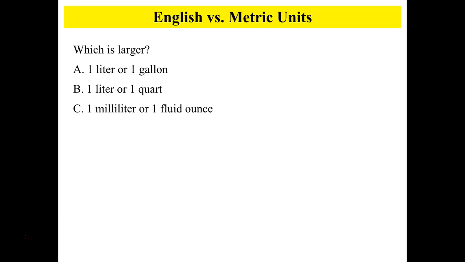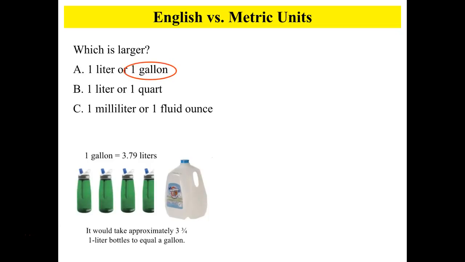If you look over on my side table, you'll see a liter bottle, and it used to have water. I think it says Smart Water on it, and it's marked 1 liter. And you've seen a gallon of milk. Which is larger? Well, a gallon. A gallon holds almost 4 liters of fluid. 3 3/4. So this also goes in your notes. Find the spot where you tell me how many liters to a gallon we get.